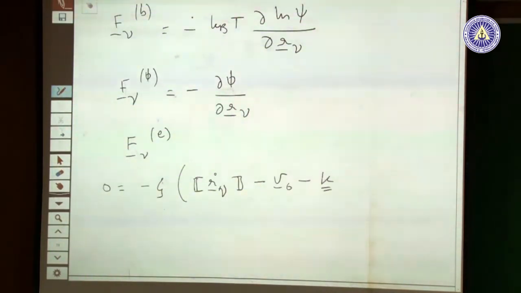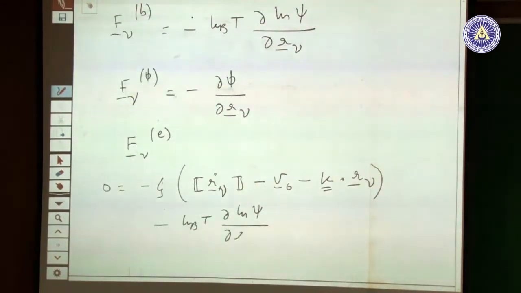So, minus kappa dot r nu, this is the solvent velocity at that location, that is the hydrodynamic force, minus kBT del log psi by del r nu minus del phi by del r nu plus F nu E. Okay? That is my force balance.